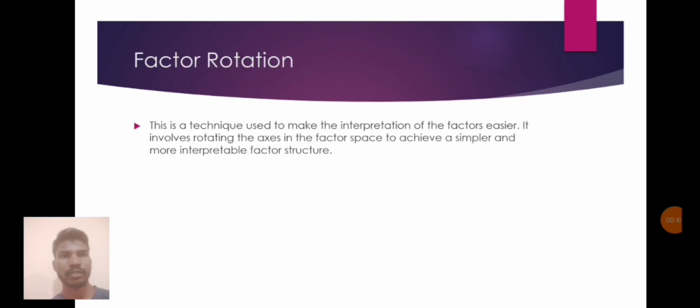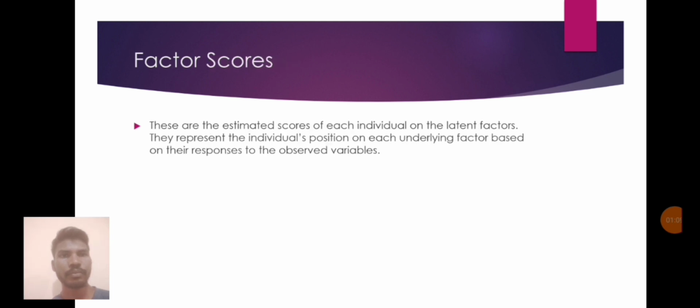Factor rotation: this is a technique used to make the interpretation of the factors easier. It involves rotating the axes in the factor space to achieve a simpler and more interpretable factor structure. Factor score: these are the estimated scores of each individual on the latent factors.